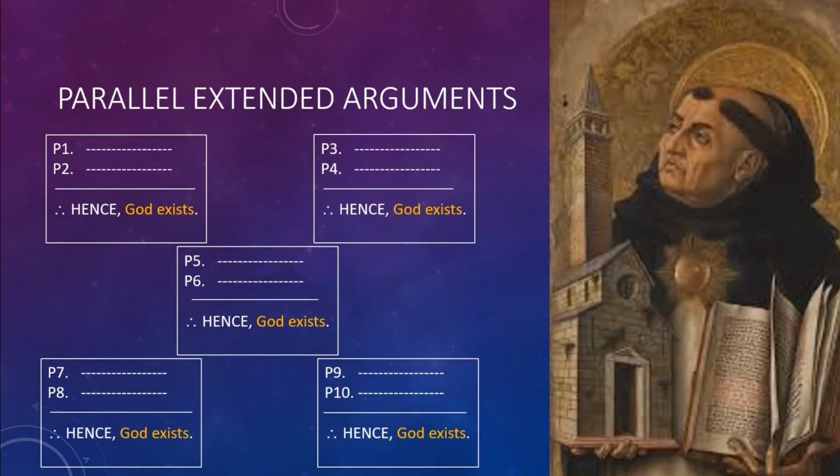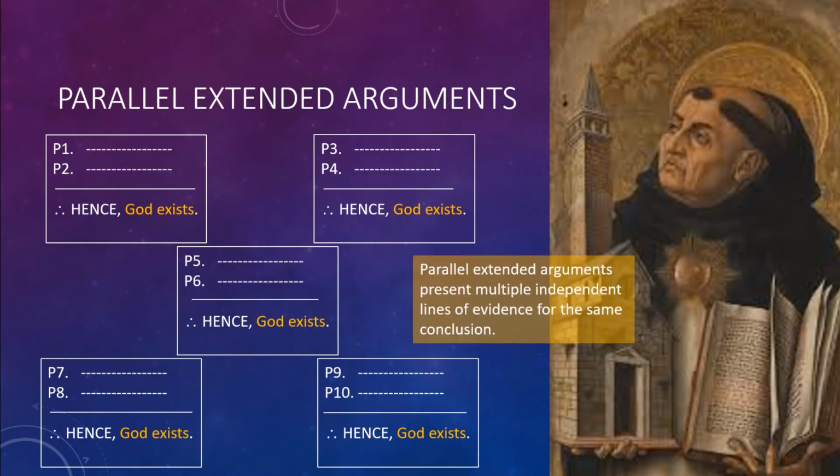This is the key characteristic of parallel extended arguments. Parallel extended arguments present multiple independent lines of evidence for the same conclusion. And once again, I'll mention that many extended arguments can have both linear structure as well as parallel structure.